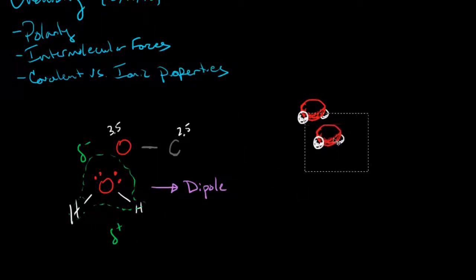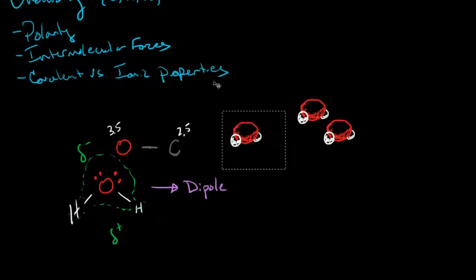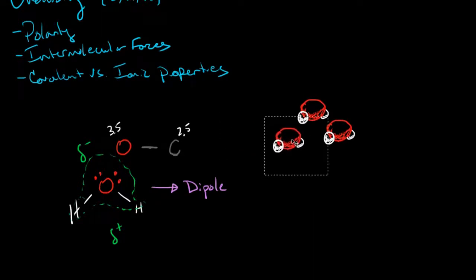We know the hydrogens represent the positive end and the oxygens are the negative end, and so when we have a whole bunch of these molecules, they'll start stacking on each other, and they'll be attracted to each other. The positive ends will be attracted to the negative ends, and we'll have these Coulombic law attractions, the electrostatic attraction.